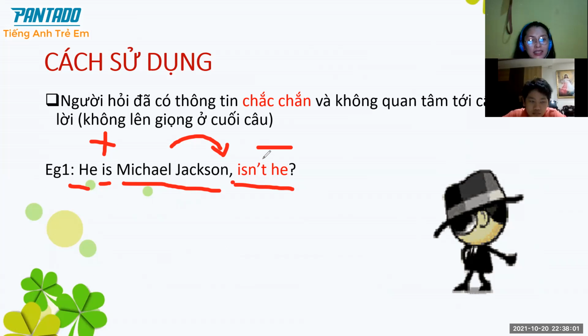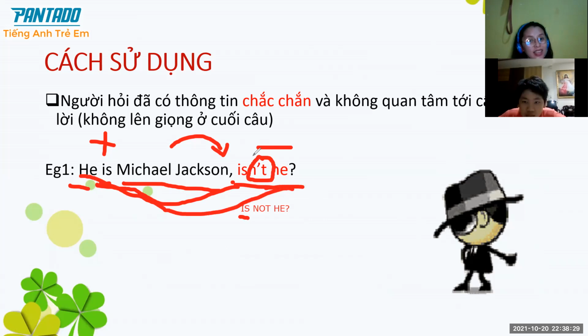The n't is the shortcut of the word not. Since we're using the verb is and the subject is he, we just add not. He is Michael Jackson, isn't he?